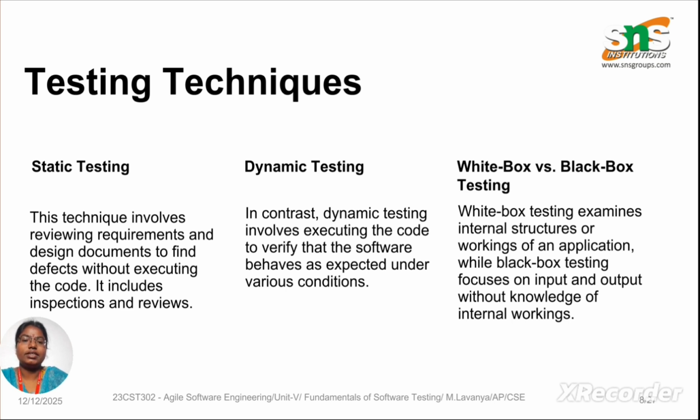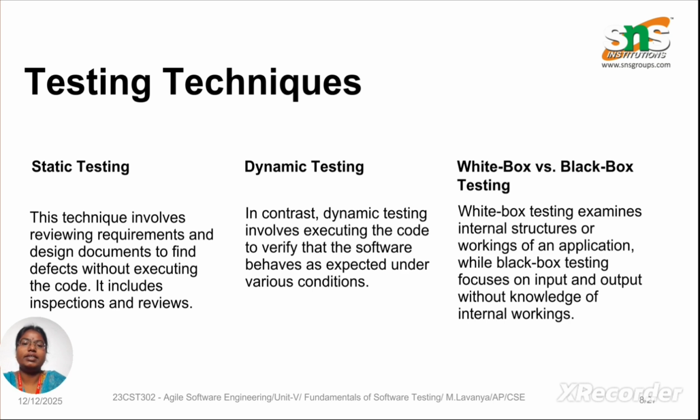Static testing is a technique that involves reviewing requirements and design documents to find defects without executing the code. It includes inspection and reviews only. That is, in static testing, the code will not be executed and the system will not be run.